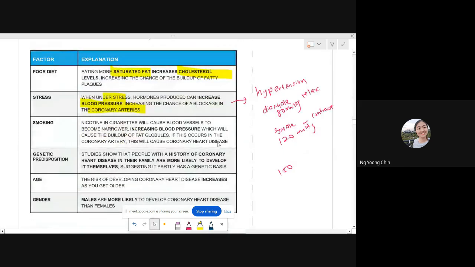Or maybe it will exceed 180, which is too risky. So you need to take some medicine or drug to control the hypertension, to bring the blood pressure back to your normal range, meaning to lower the blood pressure. Because 150 is too high. It's higher than the normal range, which is 120. Even if you get about 130s, you need to be alert of your health condition already.